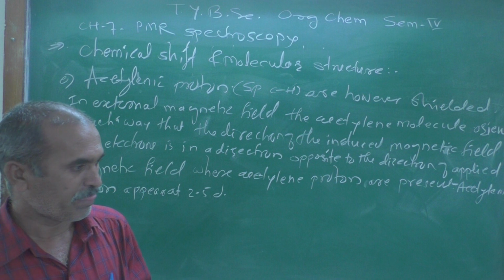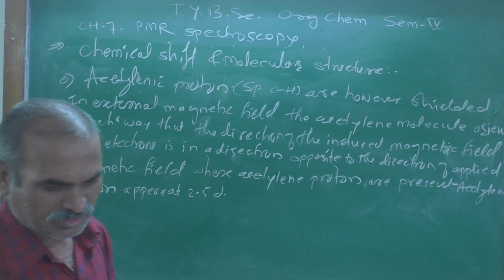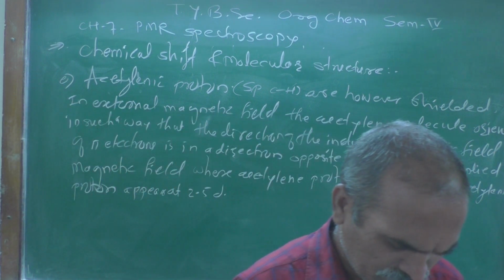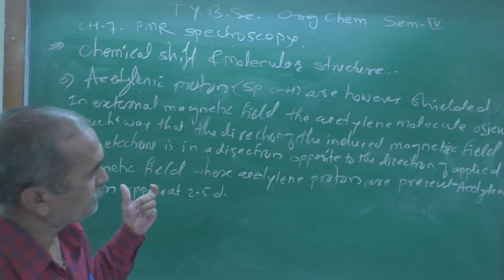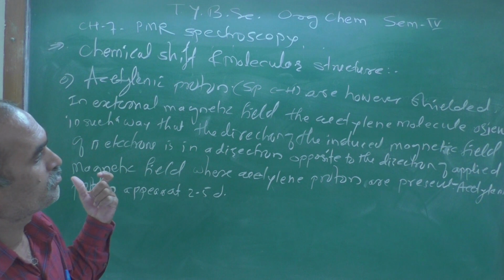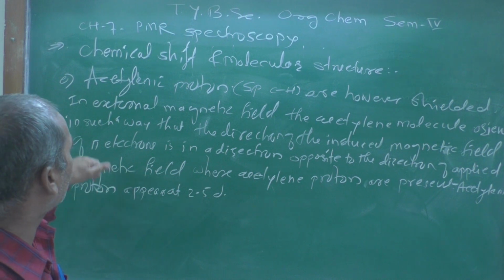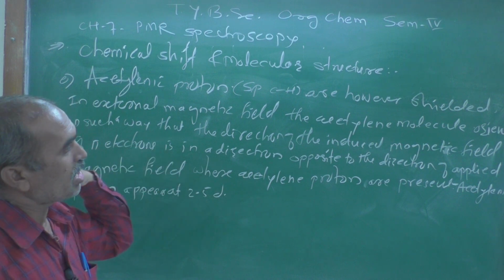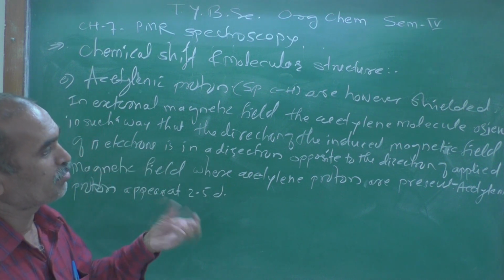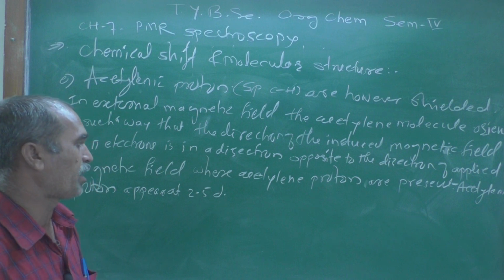In the case of the acetylenic proton, the induced magnetic field of the pi electrons is in a direction opposite to the direction of the applied magnetic field.